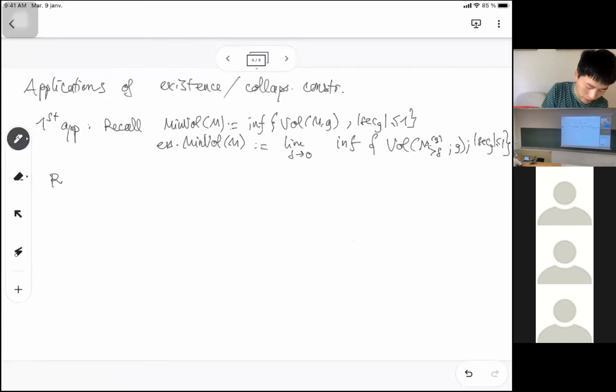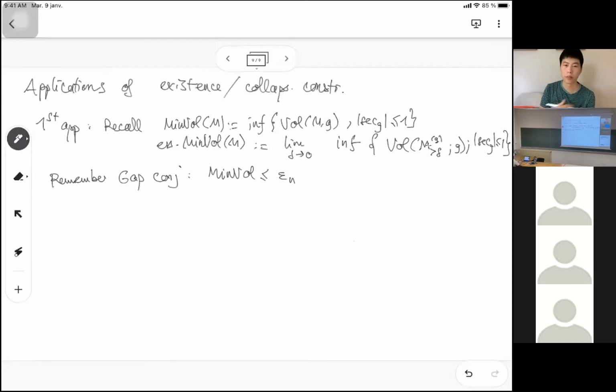Also remember the gap conjecture of Gromov for the minimal volume. That conjecture says if the minimal volume is smaller than a small dimensional constant, then the minimal volume should be 0, and this is hard. However, for the essential minimal volume, it's a direct consequence of Cheeger-Gromov.